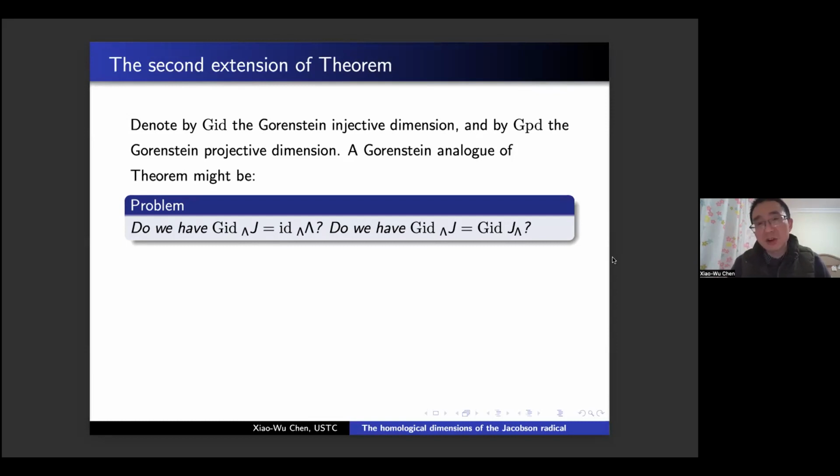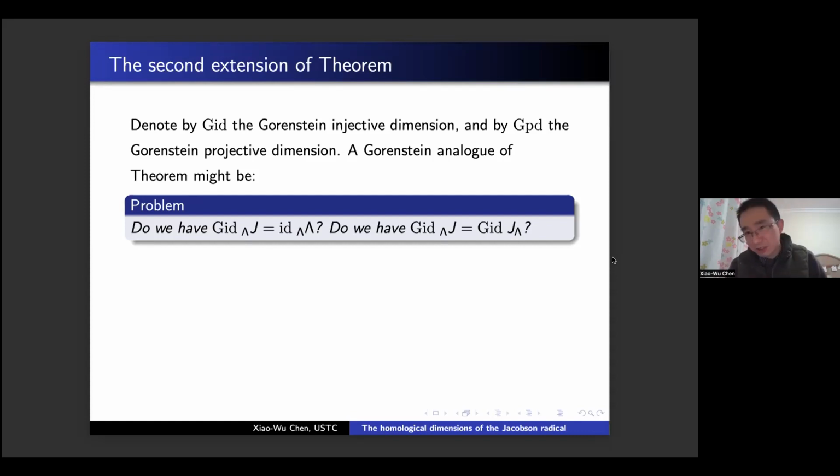So we consider the Gorenstein injective dimension and the Gorenstein projective dimension. The Gorenstein analog of the theorem might be split into two questions. Do we always have that the Gorenstein injective dimension of the Jacobson radical equals the injective dimension of lambda? And do we have the symmetry of injective dimension on each side?